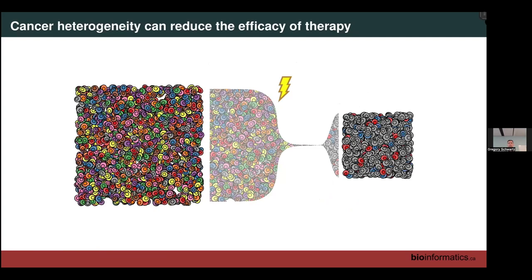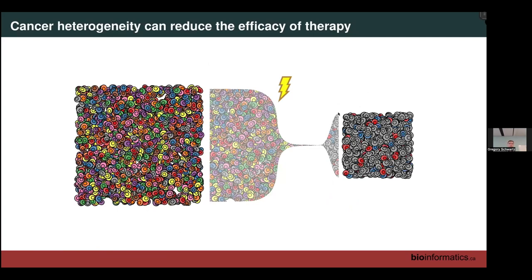So you could imagine having a very diverse tumor with many different cell states and cell clones. Upon treatment with a drug such as chemotherapy or targeted therapy, while most of these cells may be eliminated, there might be a few that survive into minimal residual disease, maybe from cell-cell communication. And upon a drug holiday, it might grow out and cause relapse.